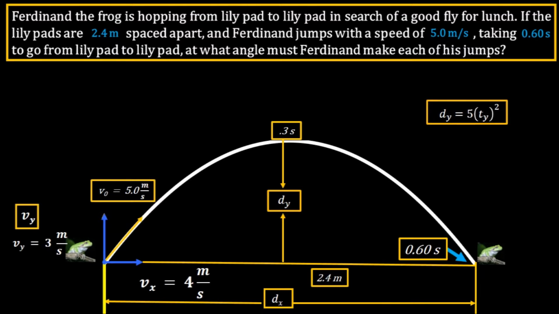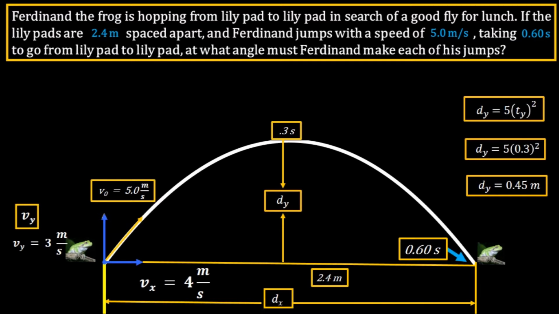That's 5 times 0.3 squared, 0.3 times 0.3 times 5. You could probably do that in your head. It's 0.45 meters. So now I have dy, vy, vx, v naught, dx, ty, tx.